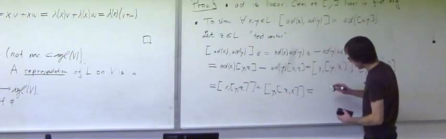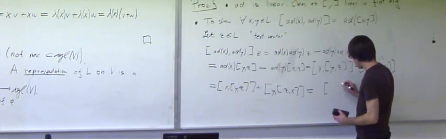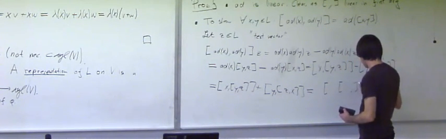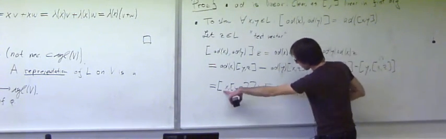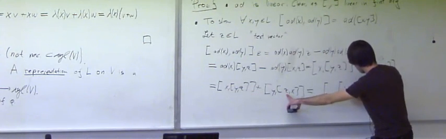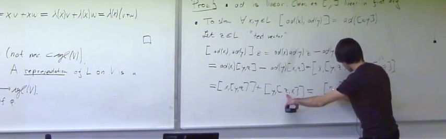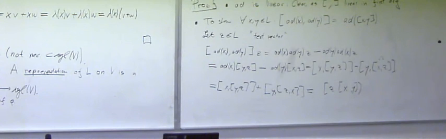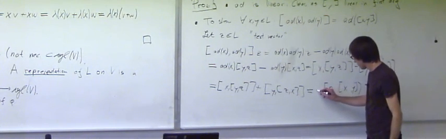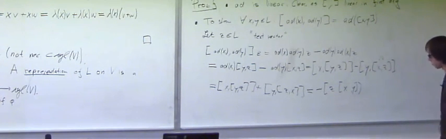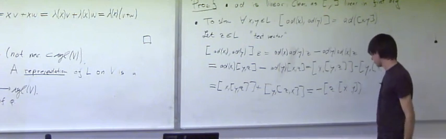So the missing one is, here x is in the last position and in the first, so the missing one is [z,[x, y]]. And of course I get a minus here because I put it on the other side of the Jacobi identity.